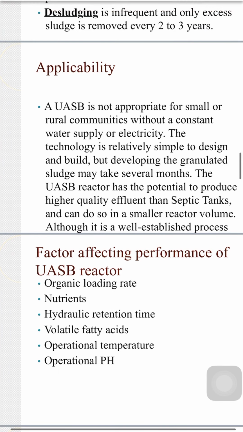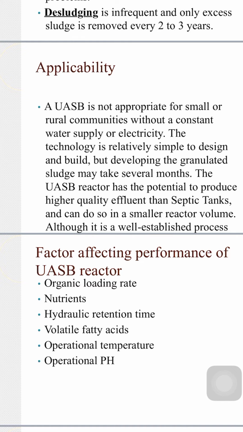Now, applicability. A UASB is not applicable for a small or rural community without a constant water supply or electricity. That means for a small amount of water or electricity, a UASB will not work. The technology is relatively simple to design and build, but developing the granulated sludge may take several months.